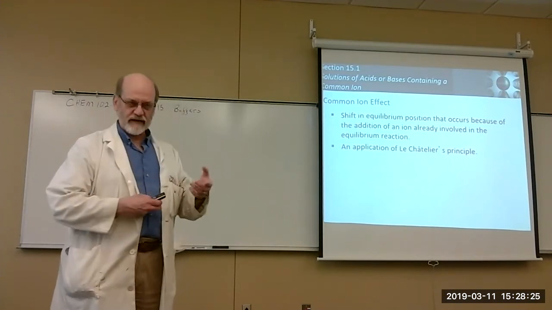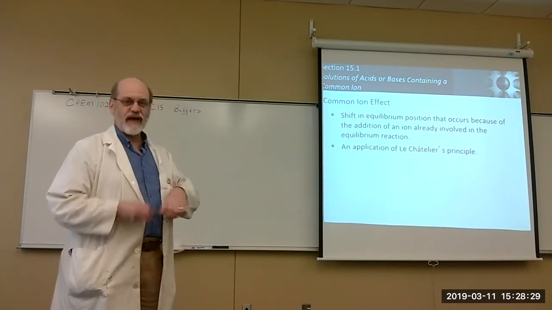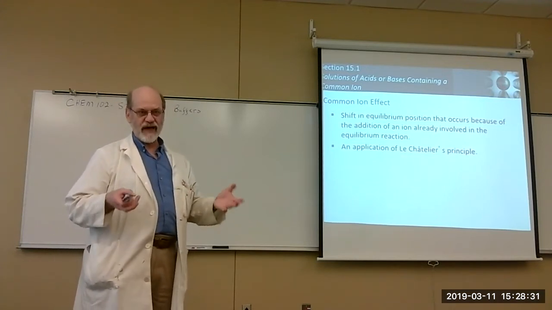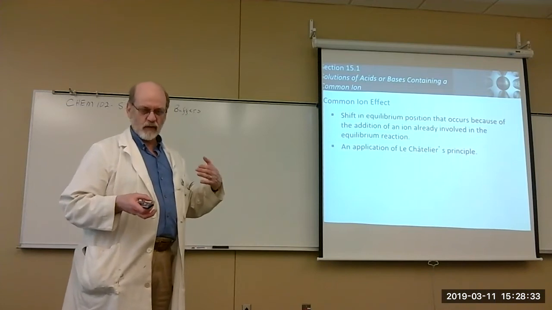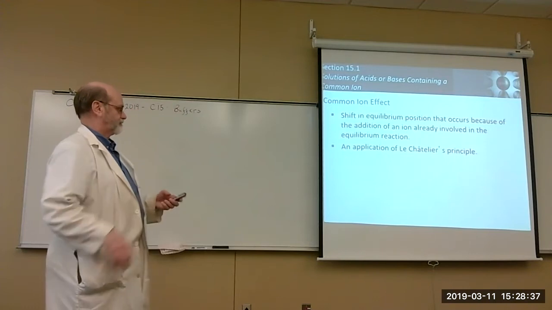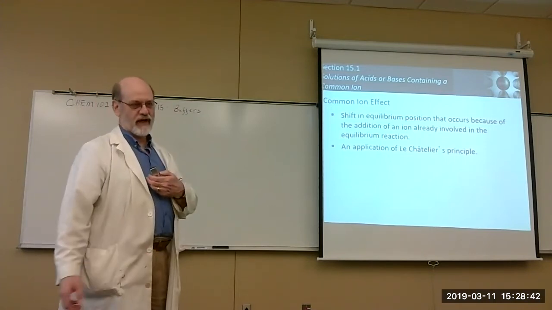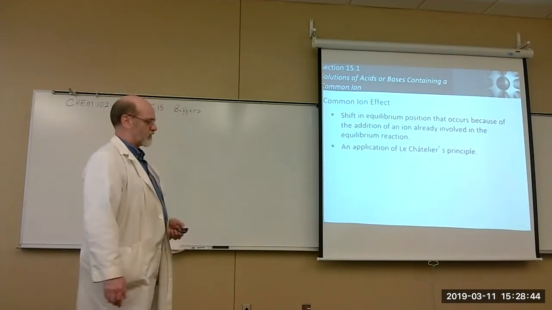The flip side of that is that if we add something to the system that has absolutely nothing to do with the balanced equilibrium equation, then there's no effect. That's the common ion effect, and the absence of the common ion effect in the latter example.